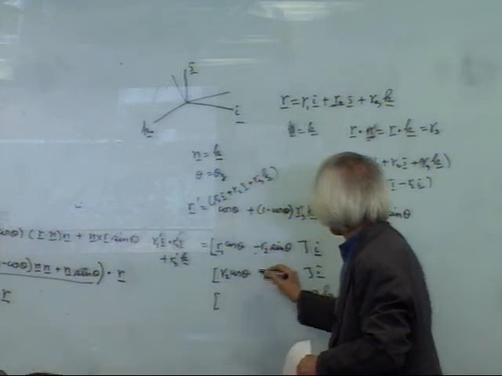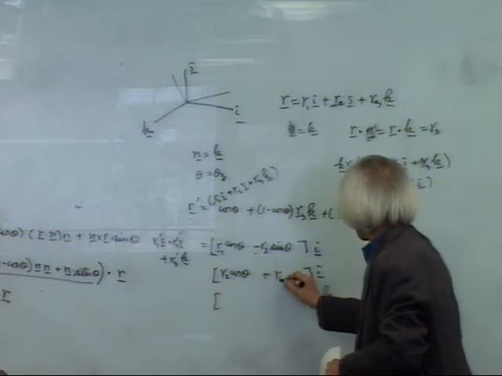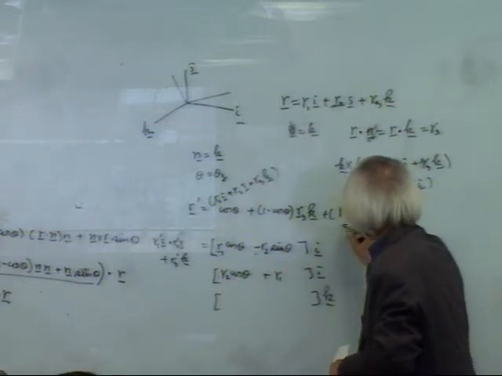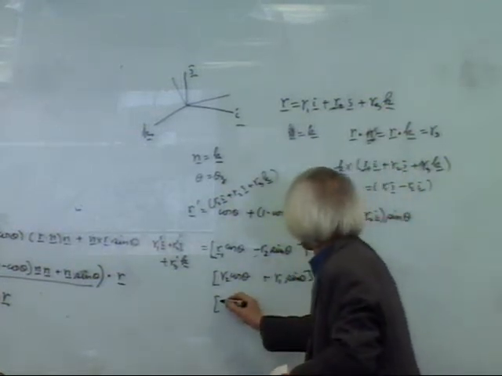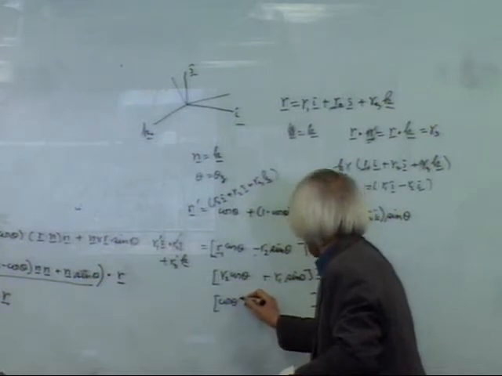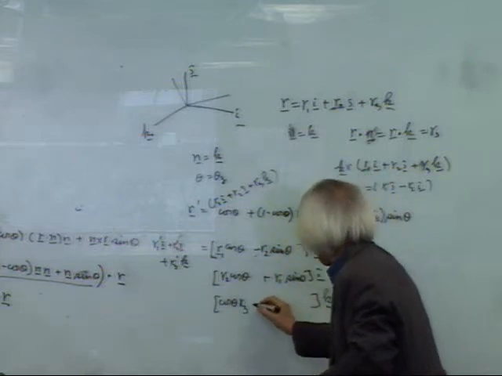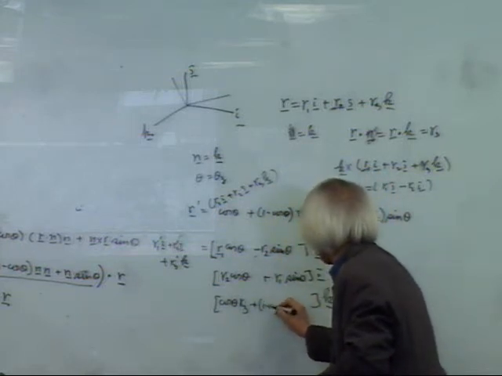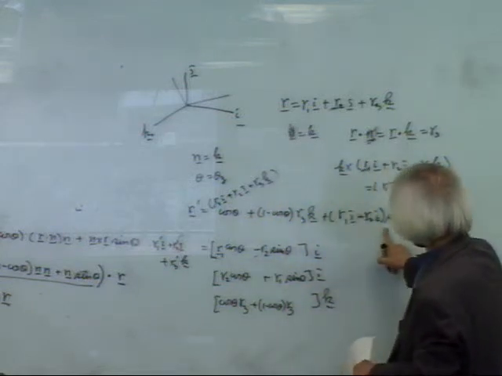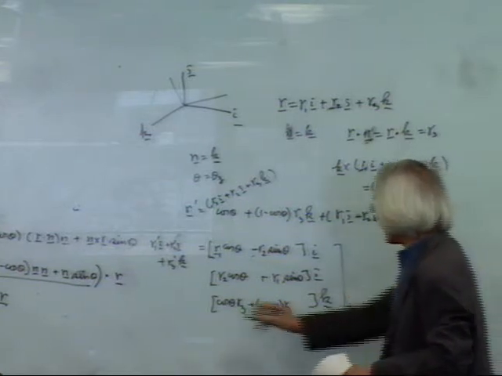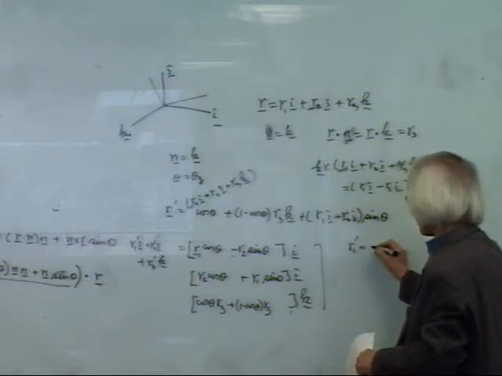R2 cosine theta. There's no J, there's a plus R1 sine theta. K, I have cosine theta R3. Here's R3. Plus 1 minus cosine theta R3. And nothing else.